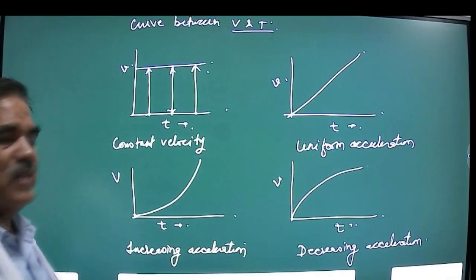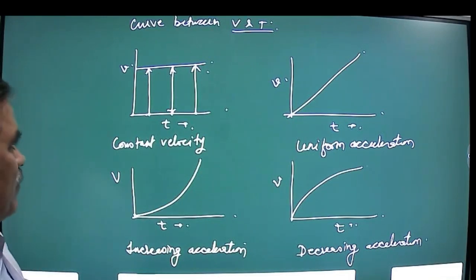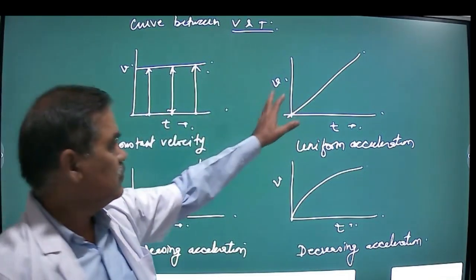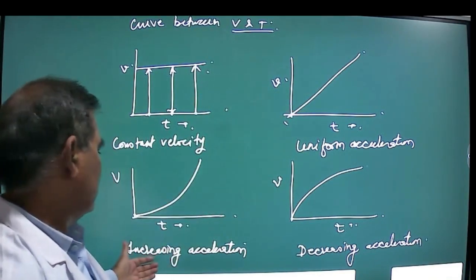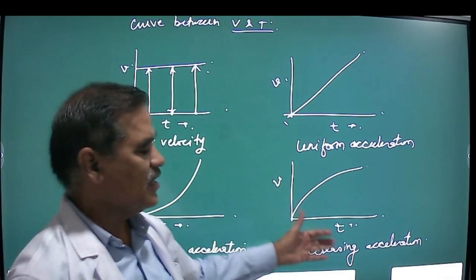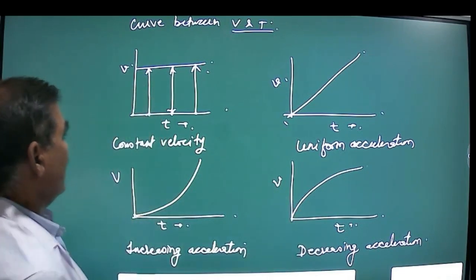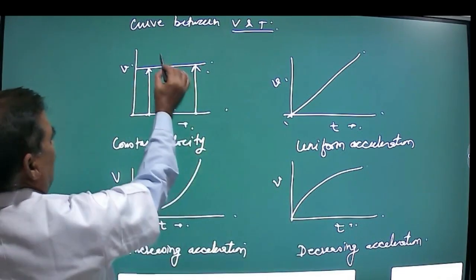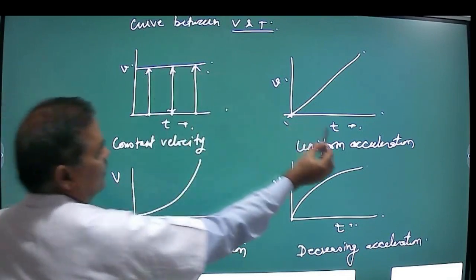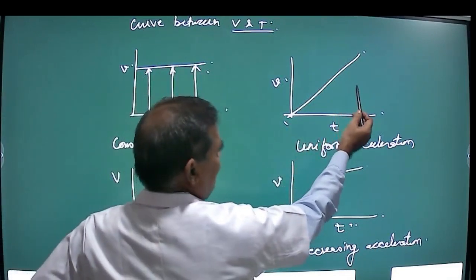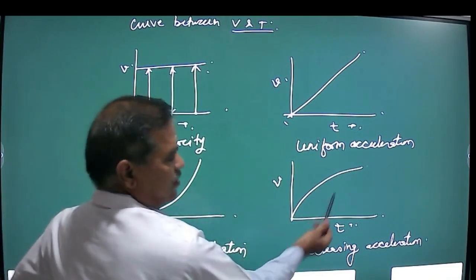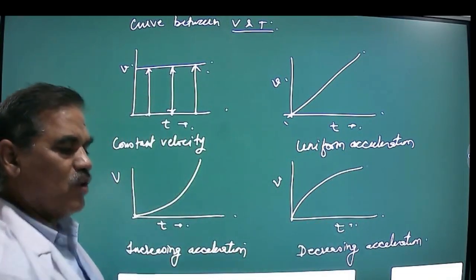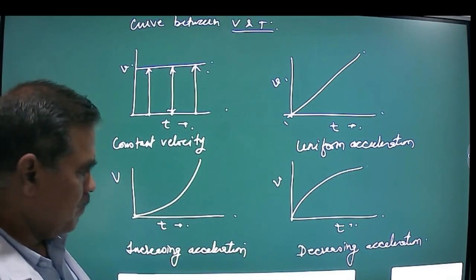So these four curves are there, you keep in mind. Constant velocity, this is constant acceleration, this is increasing acceleration and this is decreasing acceleration. तो ये जो चार कर्व है ये नियत वेलोसिटी है, ये नियत एक्सेलरेशन है, ये बढ़ता हुआ एक्सेलरेशन है, ये घटता हुआ एक्सेलरेशन है. These four curves you have to keep in mind.